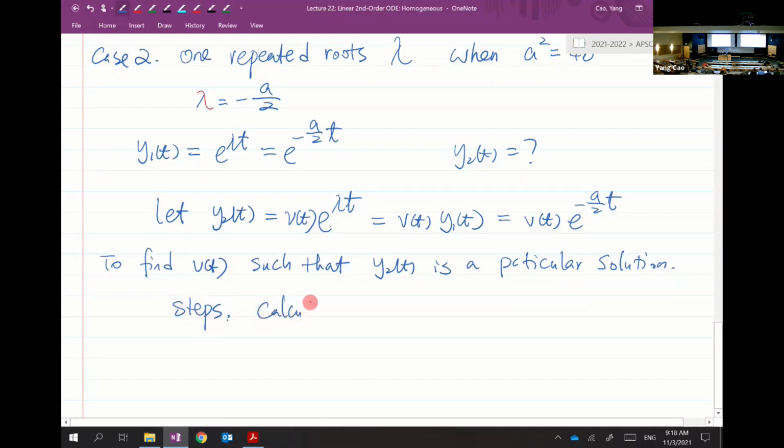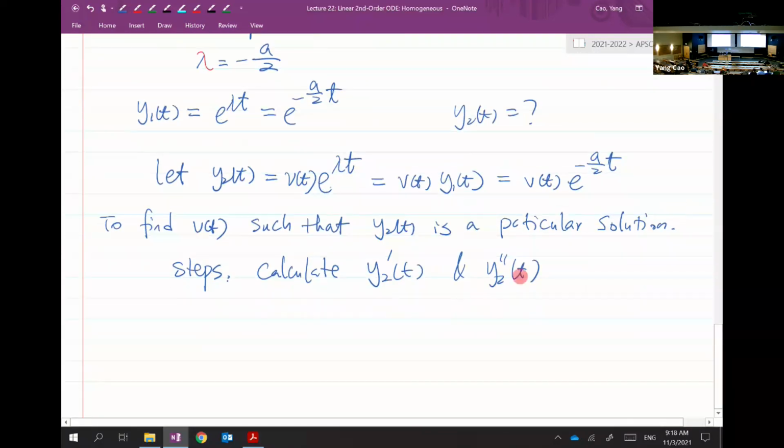So calculate y2 of t prime. This is your y2 of t. And also calculate y2 of t double prime. So keep this v of t as unknown. When you calculate the derivative, you're going to use the product rule. There's going to be a little bit of writing here, so that's why I'm skipping the details.